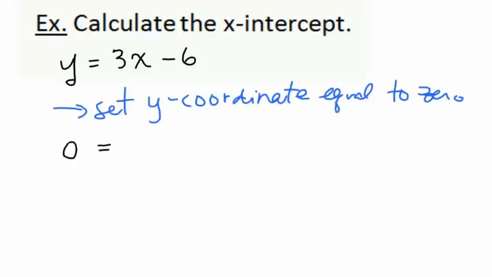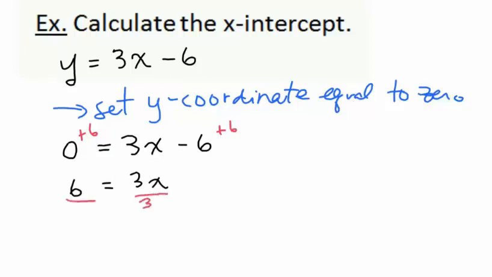Setting y equal to 0 in our equation gives us 0 equals 3x minus 6. We can move the 6 over by adding 6 to both sides of our equation, and we have 6 equals 3x, and in our final step we're going to isolate x by dividing by 3. So here we're going to get x is equal to 2.